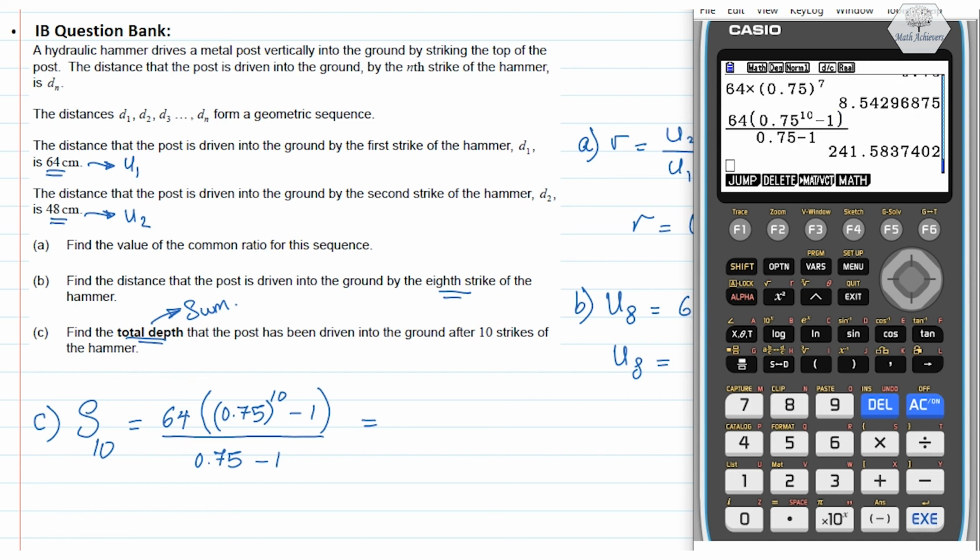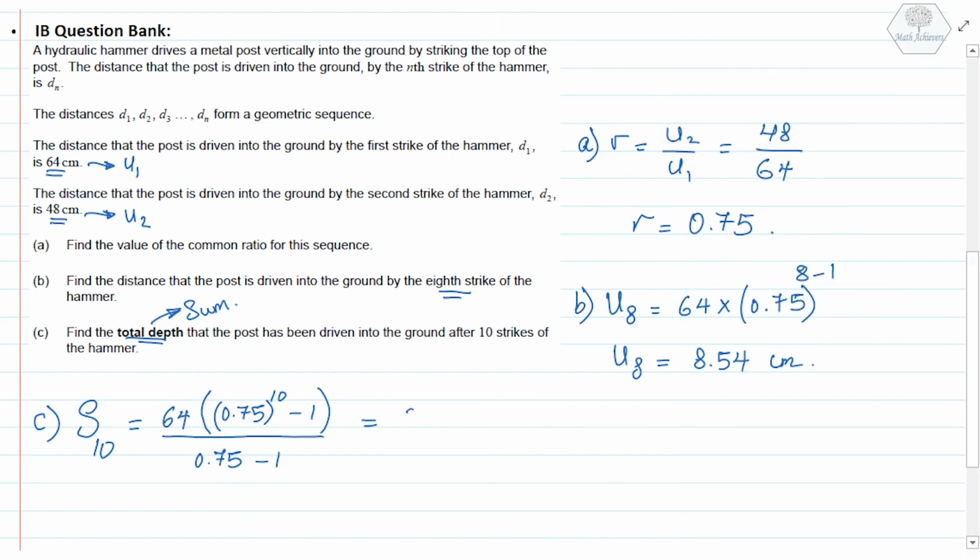And this is equal to 241.5. Rounded to 3 significant figures, it gives me 242 centimeters. And by this, I could solve this question on geometric sequences and series.